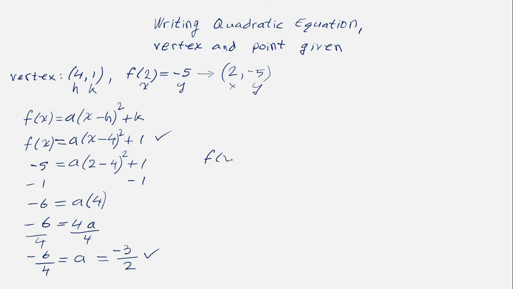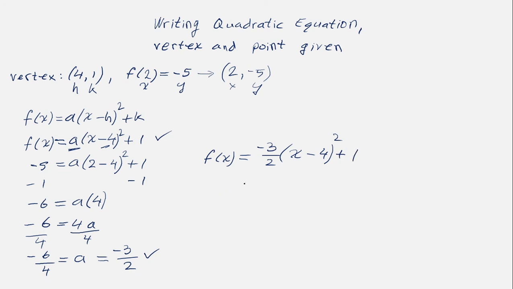So f(x) is equal to, instead of a, we put what we got here, which is -3/2. And then we have our x minus the h of the vertex, which is 4, all squared plus k, which is 1 in our case.